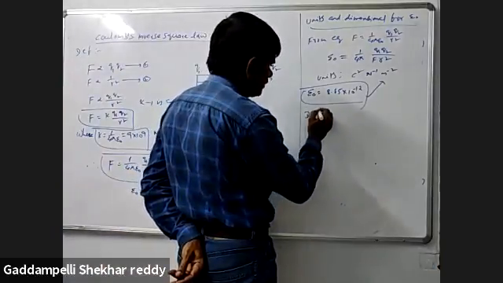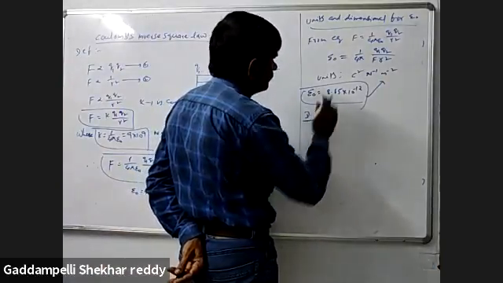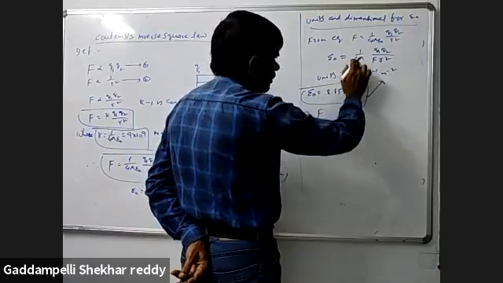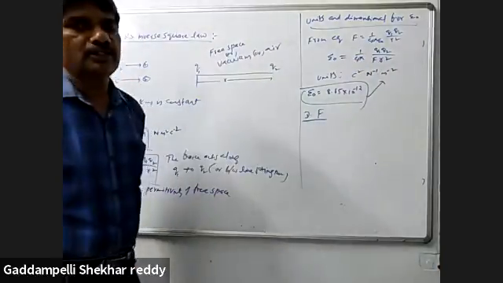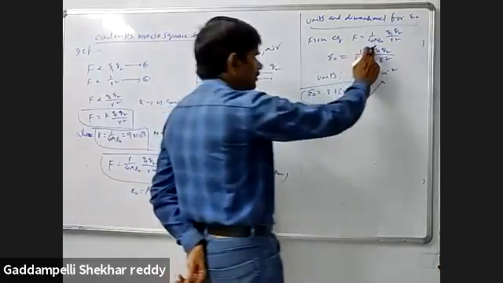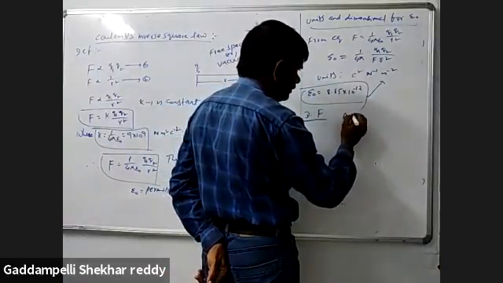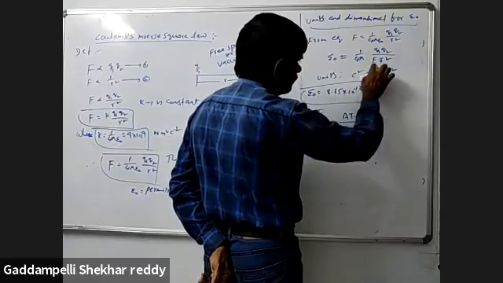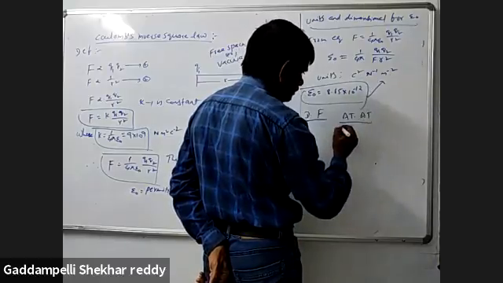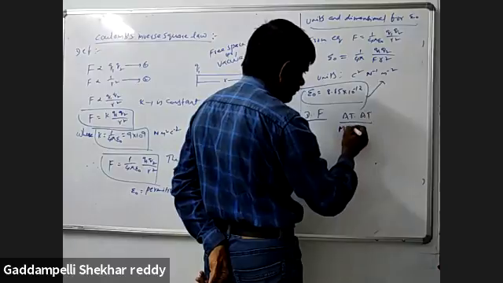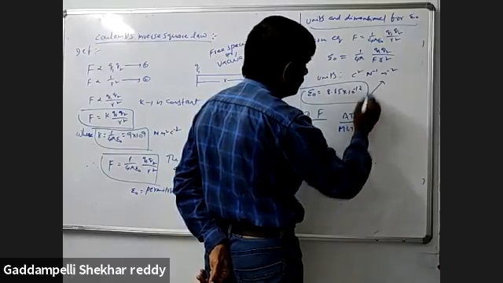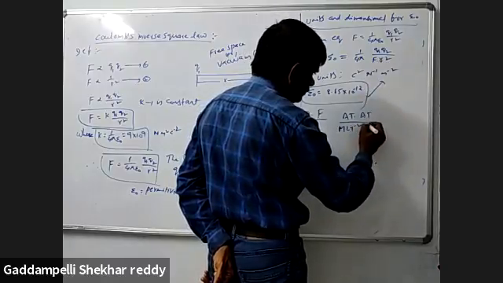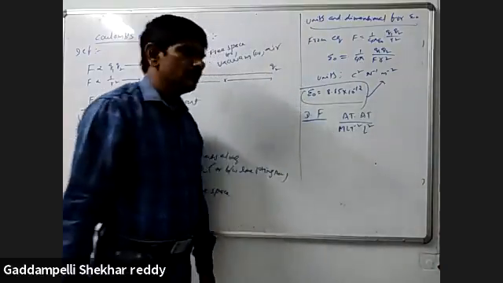Next, the dimensional formula. Here 1 by 4 pi is a constant, there is no dimension. First Q1 means A T, next Q2, A T, and the force dimension is M L T power minus 2. Next the distance, L square.